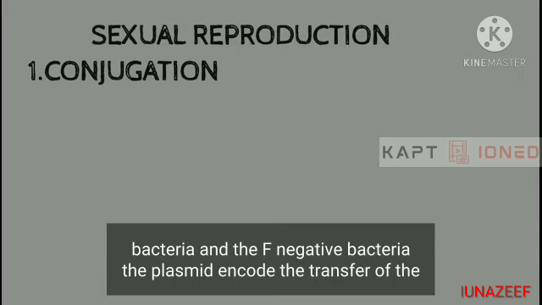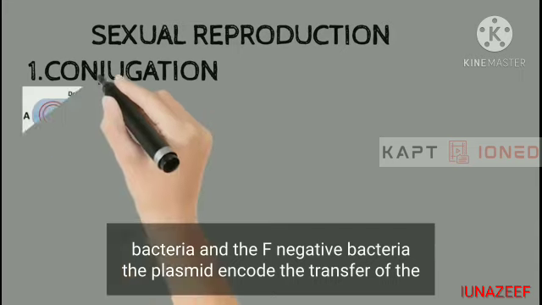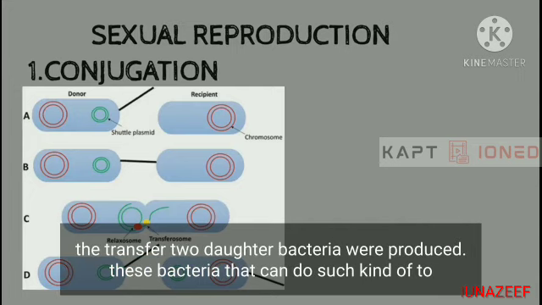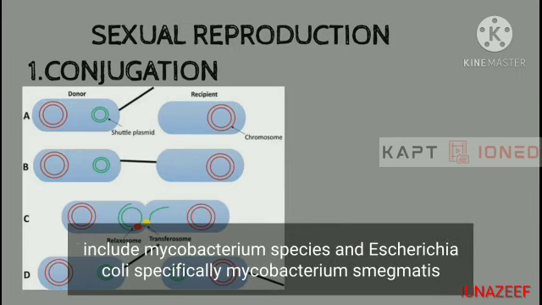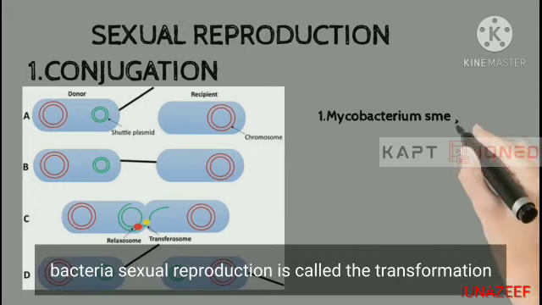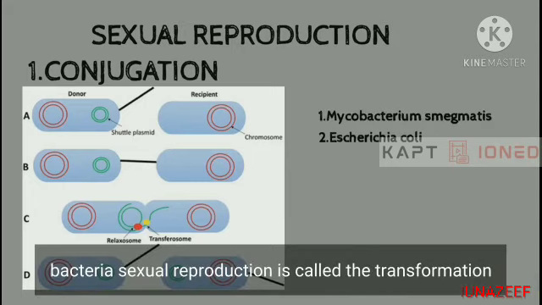The plasmid encodes the transfer of the DNA using transferosomes and relaxosomes. They transfer the plasmids via the pili, and after the transfer, two daughter bacteria are produced. Bacteria that can do this include Mycobacterium species and Escherichia coli, specifically Mycobacterium smegmatis.